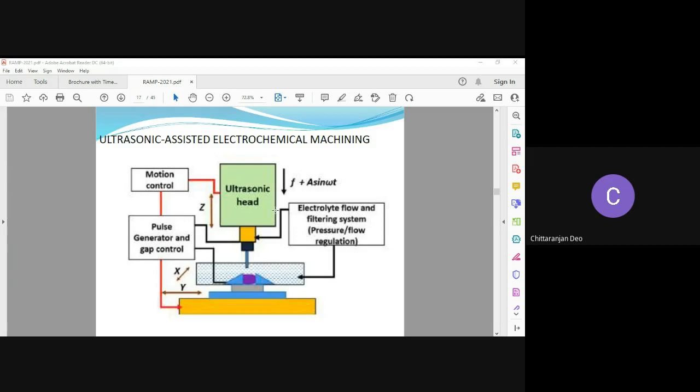Ultrasonic vibration has been applied to the tool electrode, workpiece and even the electrolyte with a similar objective. You can see the schematic figure of this ultrasonic assisted electrochemical machining.